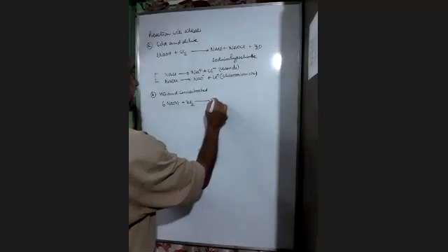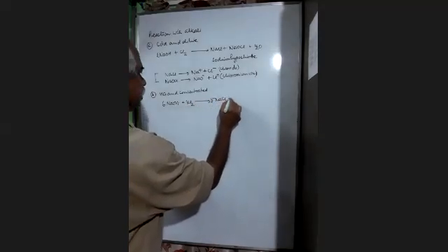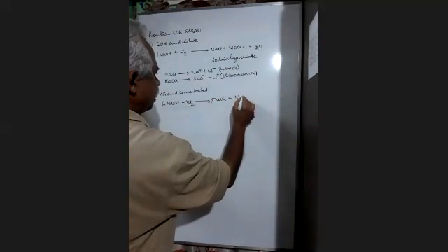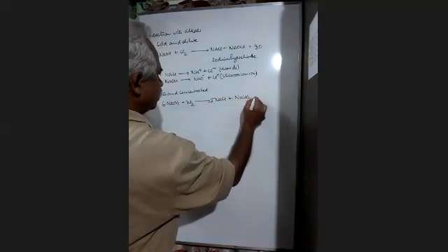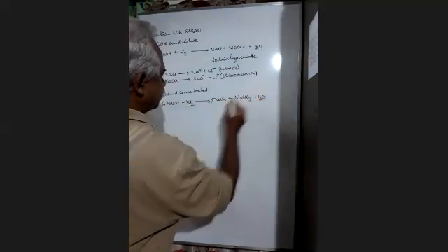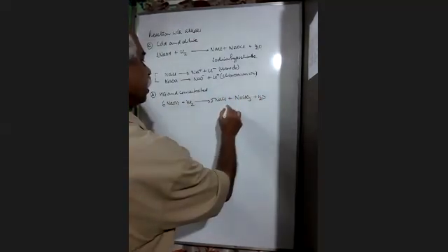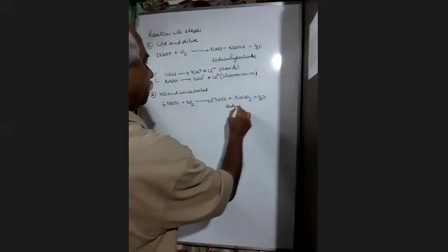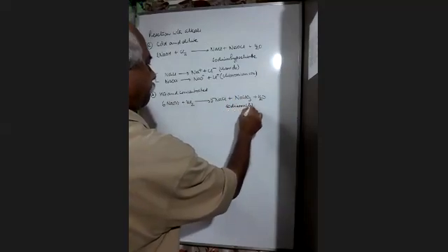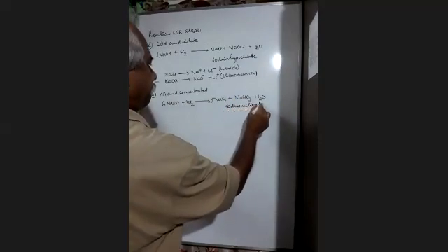It gives you 5NaCl, NaClO3, and H2O. This is called sodium chlorate.